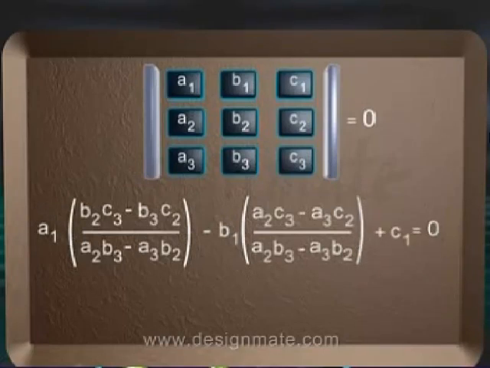a1 into (b2c3 minus b3c2) upon (a2b3 minus a3b2) plus b1 into (c2a3 minus c3a2) upon (a2b3 minus a3b2) plus c1 is equal to 0.